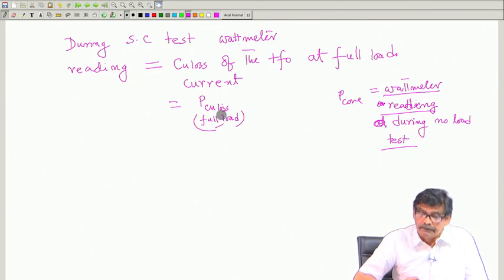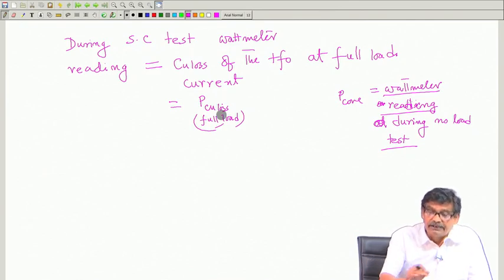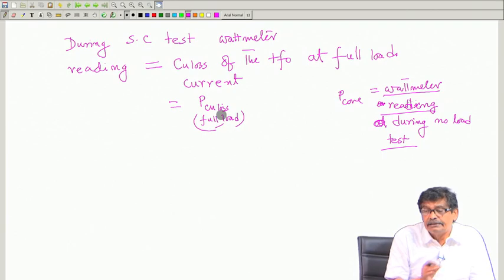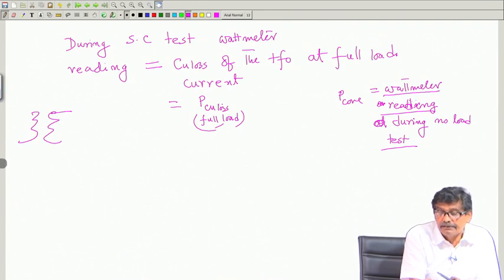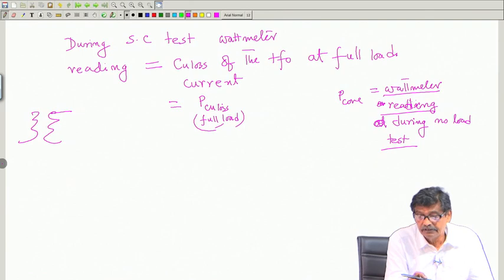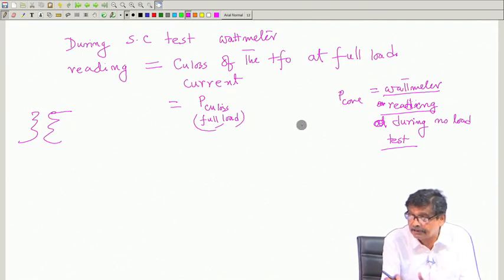Got the point? Now, I am asking you a straight question: if the windings are carrying rated current, then what will be the total copper loss? That copper loss I am telling is the full load copper loss, when the coils carry rated current.